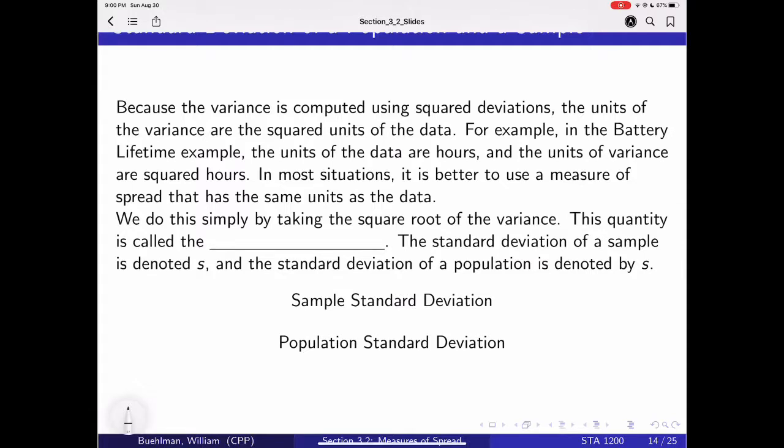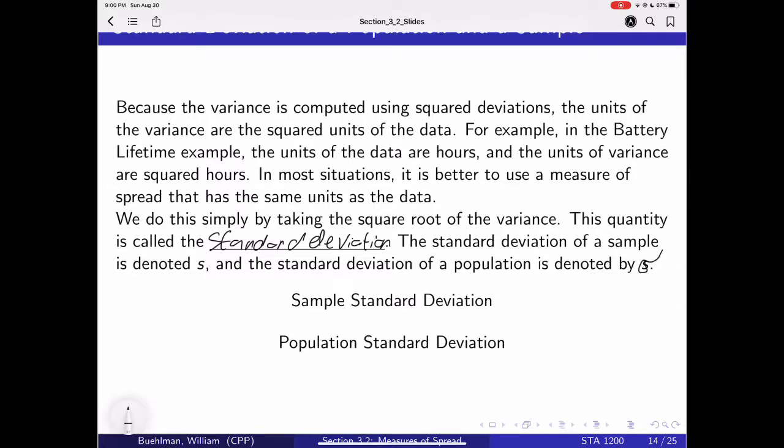And we call that the standard deviation. The standard deviation of a sample is denoted by little s. And the standard deviation for a population is denoted by sigma, not little s.